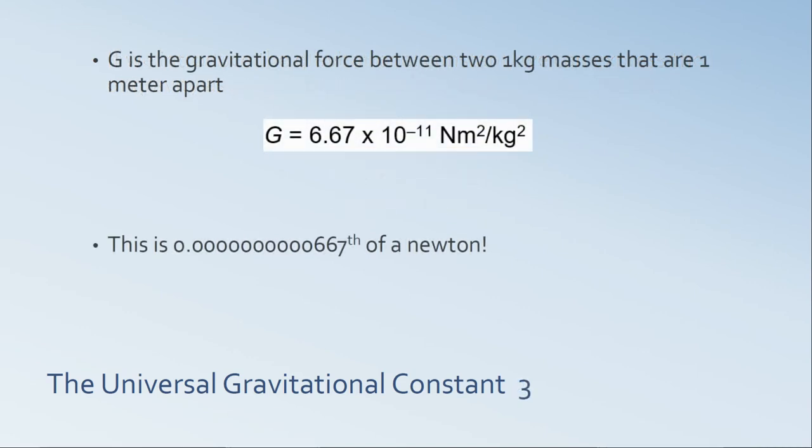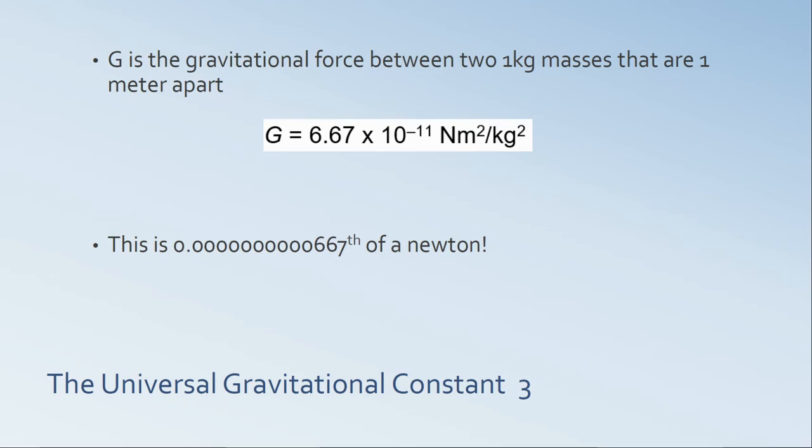So the way they determine G is the gravitational force between two masses that each weigh 1 kilogram that are 1 meter apart. And if you do the math, you end up getting the number 0.000000000000667 of a Newton.